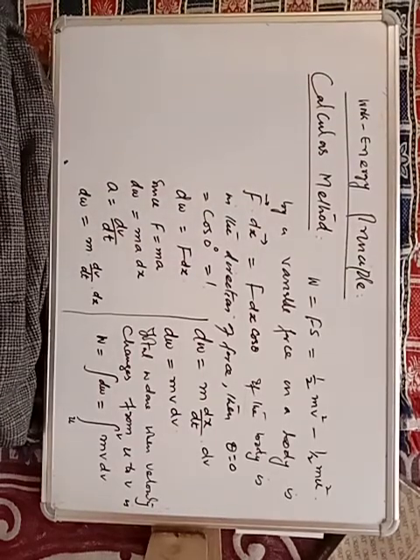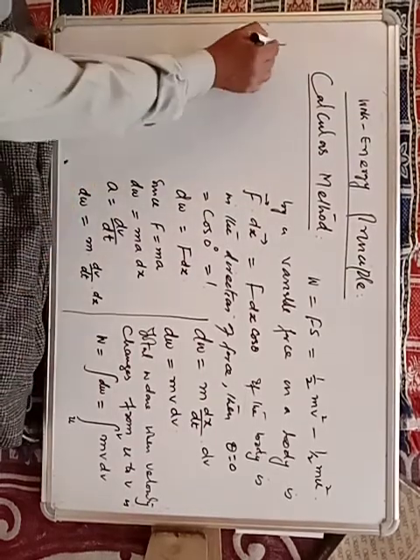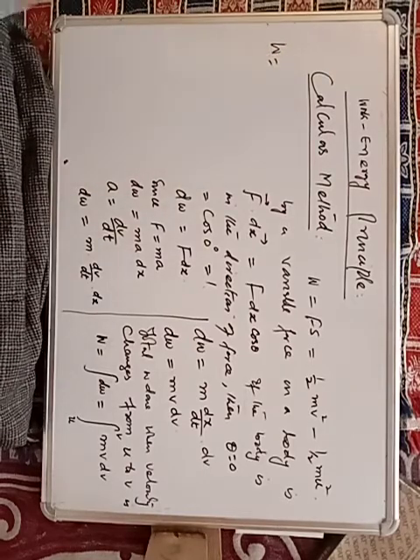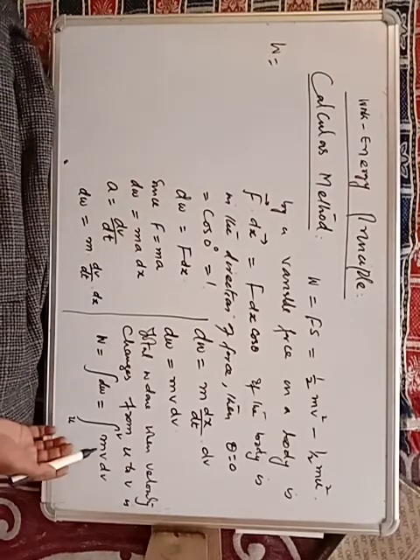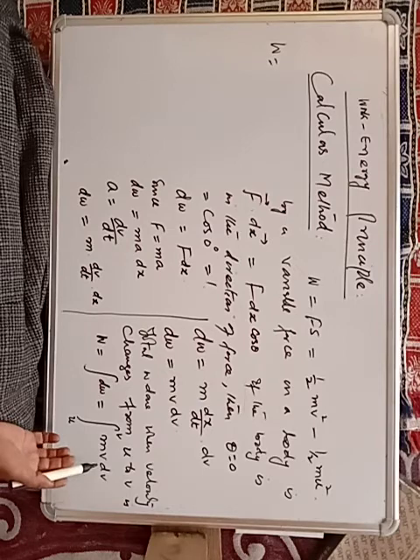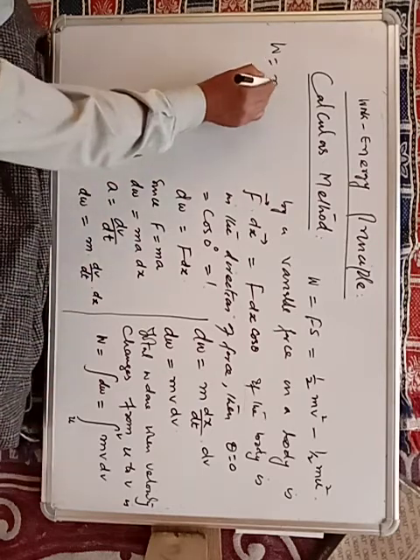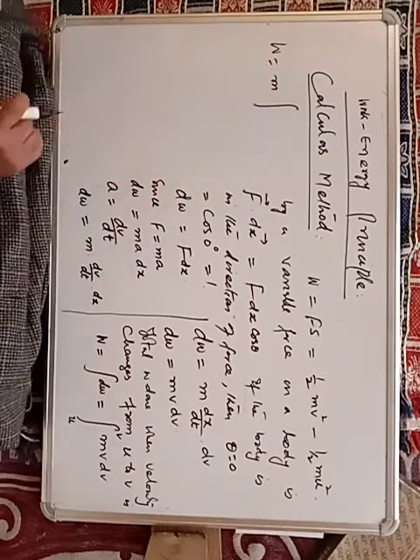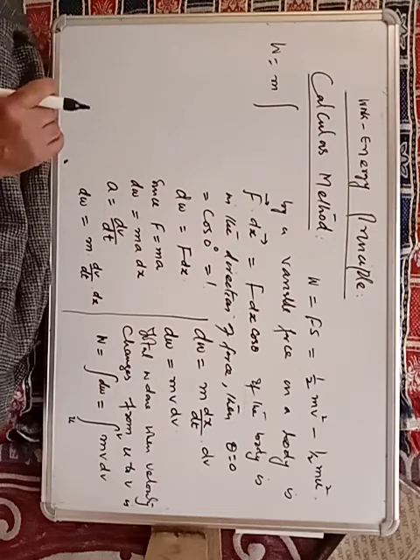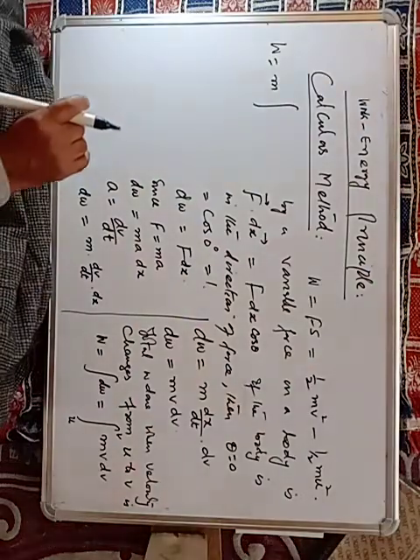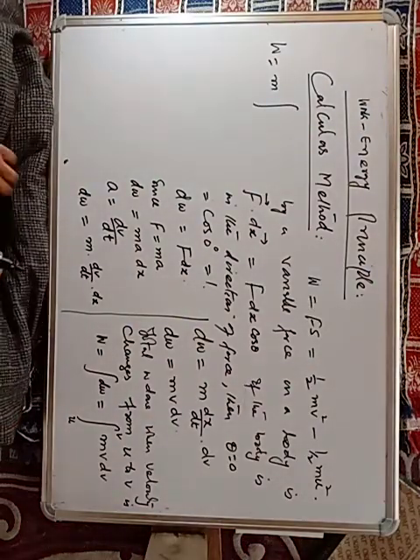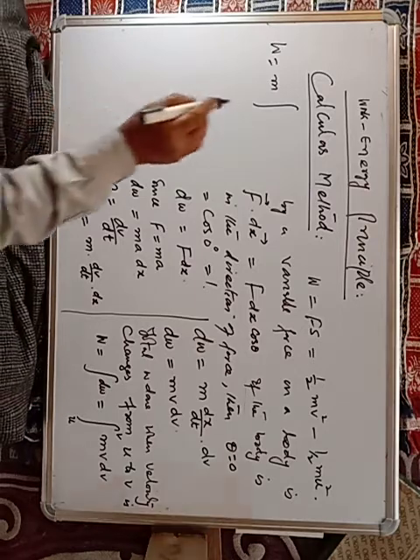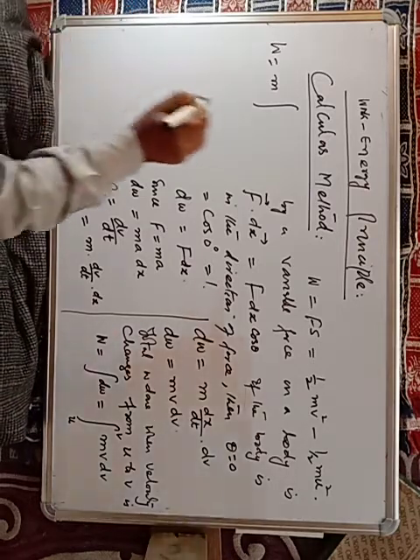So we can write this expression as W is equal to: m is constant and v varies, so it is m integral of v dv from u to v.